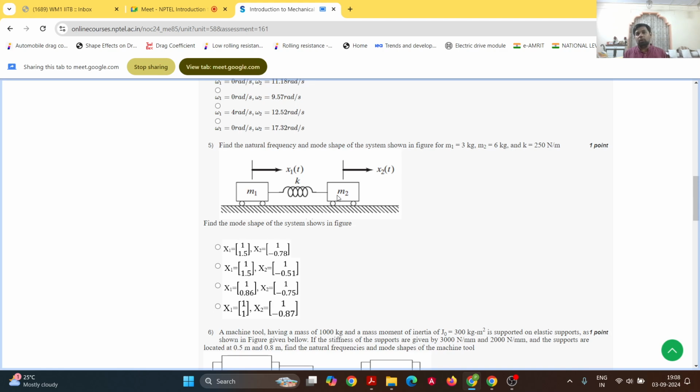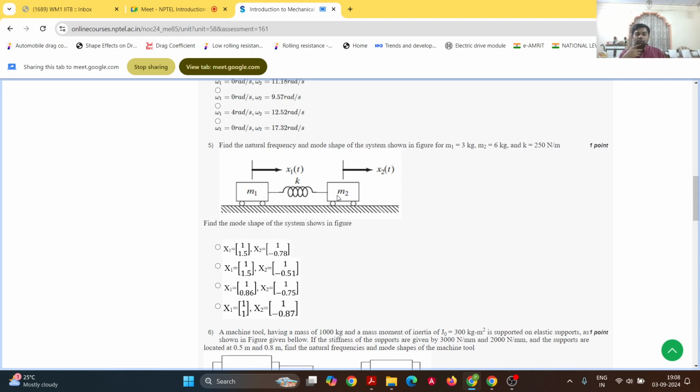Or if the system is just translating, there is no oscillation as such. If they move in such a way that the spring does not stretch at all, both displacements have to be equal, x1 and x2 equal. Then you can write the eigenvector as 1, 1, because they are equal. Whereas when they are equal and opposite, you write it as 1, minus 1. That's the other mode shape.